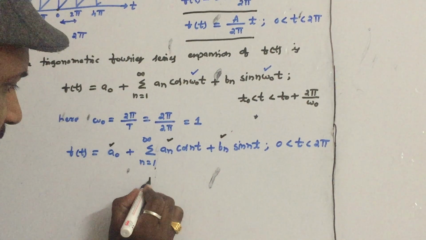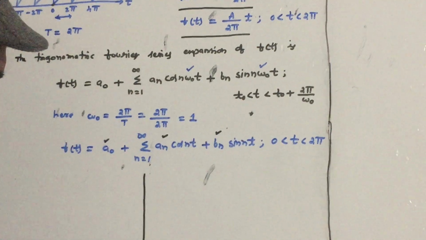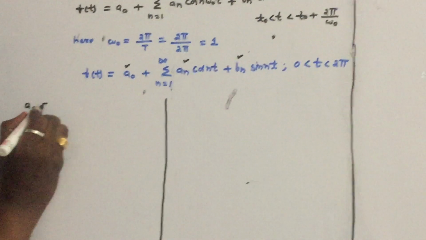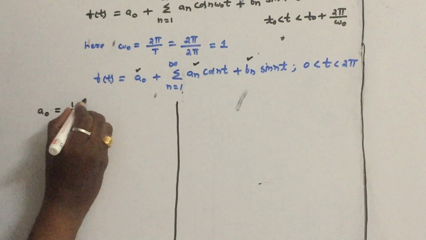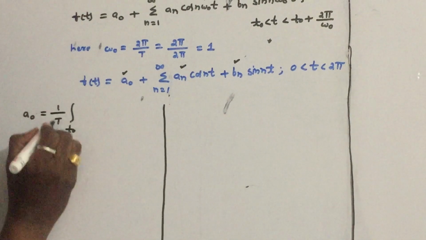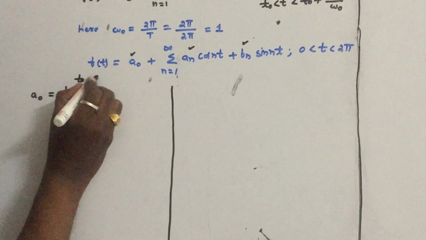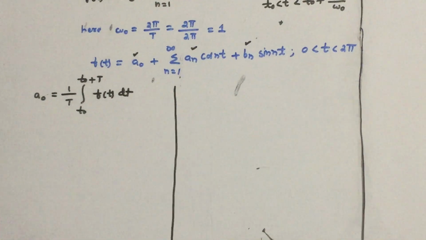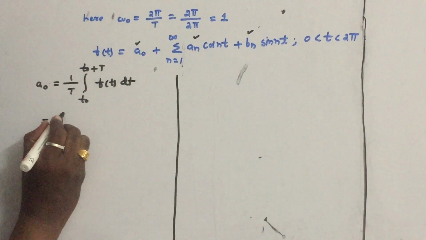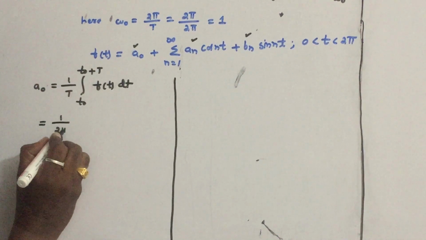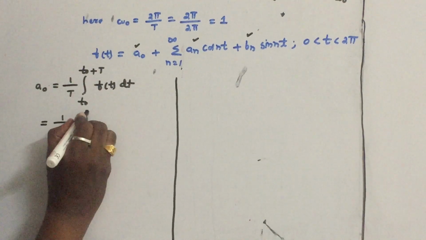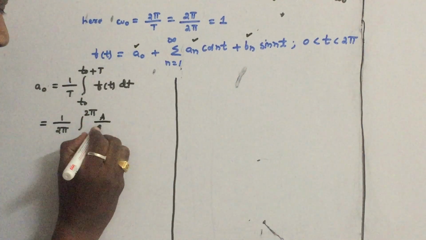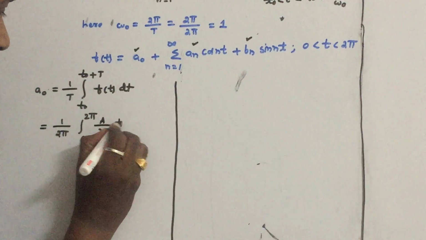As you know, a0 is the average value or DC value of the given waveform. First write the a0 formula, the well-known average value formula from network theory: 1 by T integral t0 to t0 plus T of f of t dt. The time period is 2 pi, and the signal is available in 0 to 2 pi, where f of t is a by 2 pi into t.